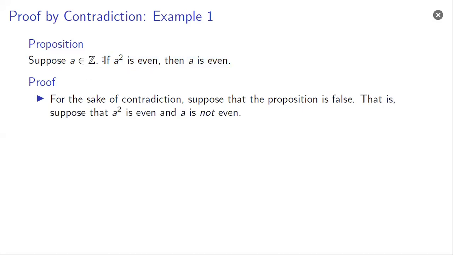The negation of a conditional statement says that this part is true, but this part is false. That is, suppose that a squared is even and a is not even, right? The proposition says if a squared is even, then a must be even. But we're assuming the negation of that. We're assuming that a squared is even, and yet a is not even.